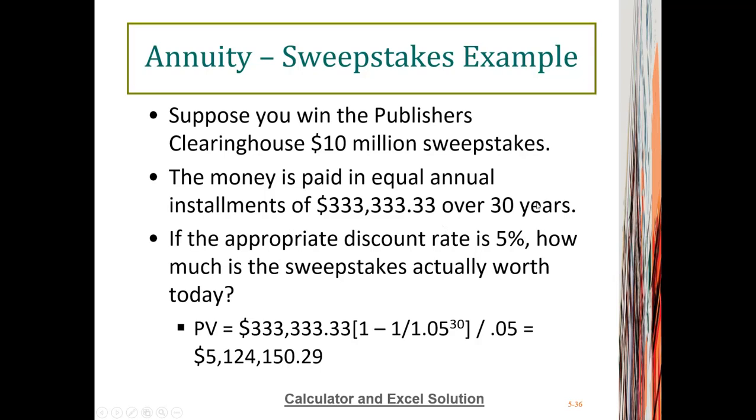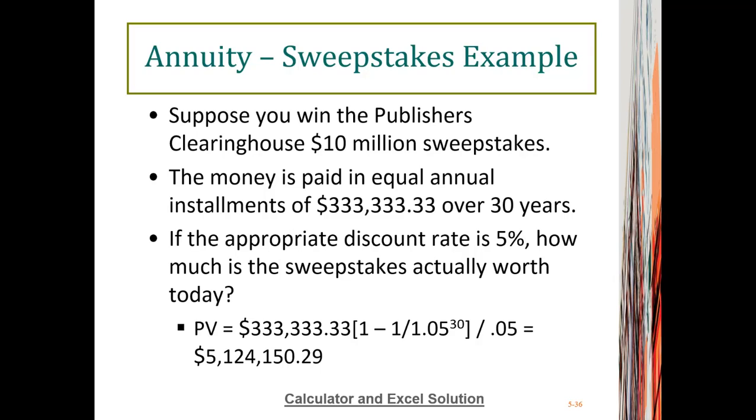Here's an example showing you how to calculate the present value of an annuity. Suppose you win the Publishers Clearinghouse $10 million sweepstakes, and the money is paid in equal annual installment payments of $333,333.33 over the next 30 years.